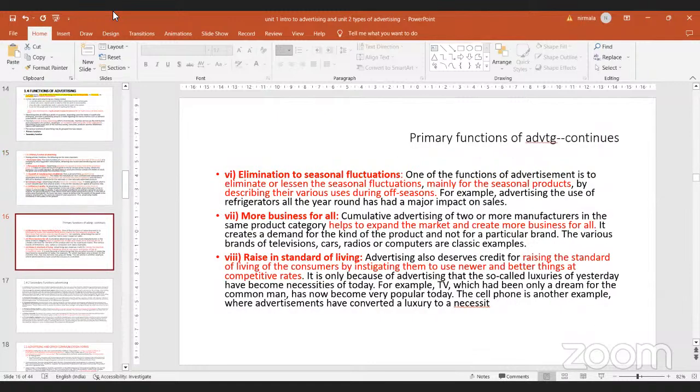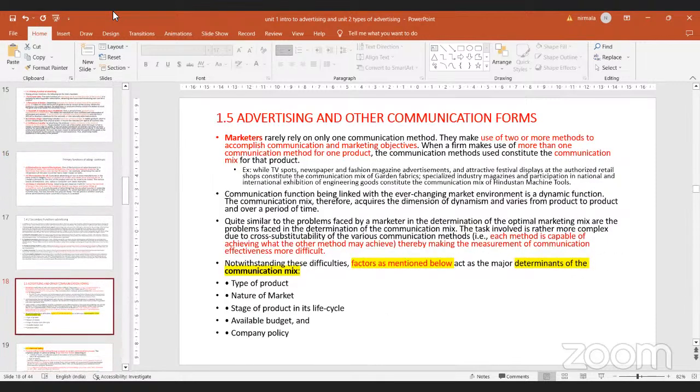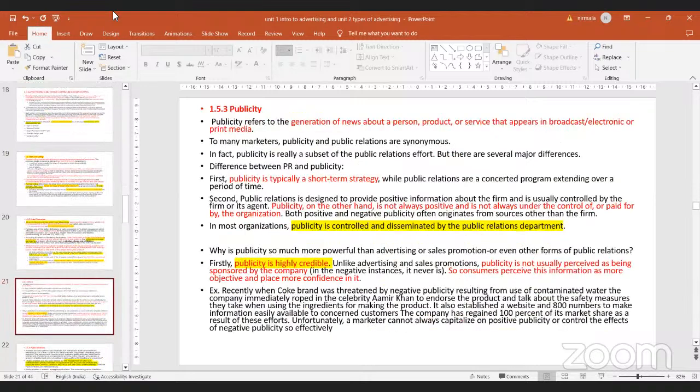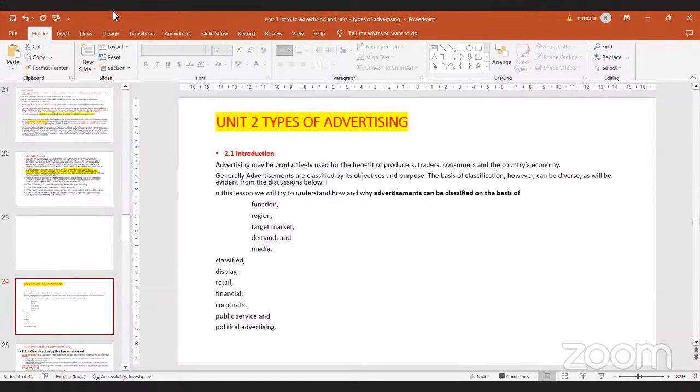And it also promotes the goodwill of an organization, creates a brand image among the consumers, and builds the corporate image of a company or organization. Along with that, sales promotion is also used by organizations, where they provide discounts or free gifts or other forms.